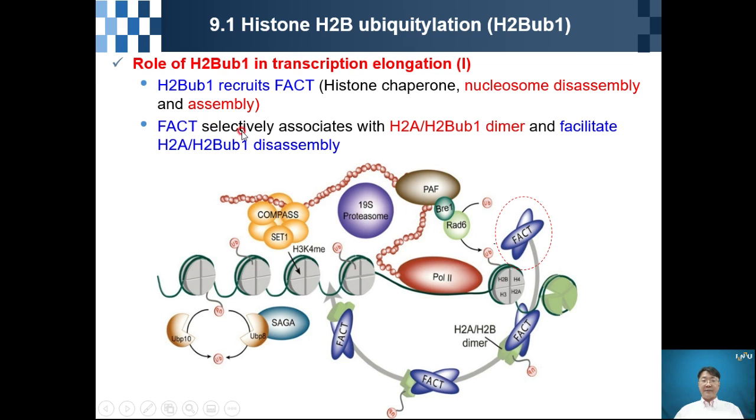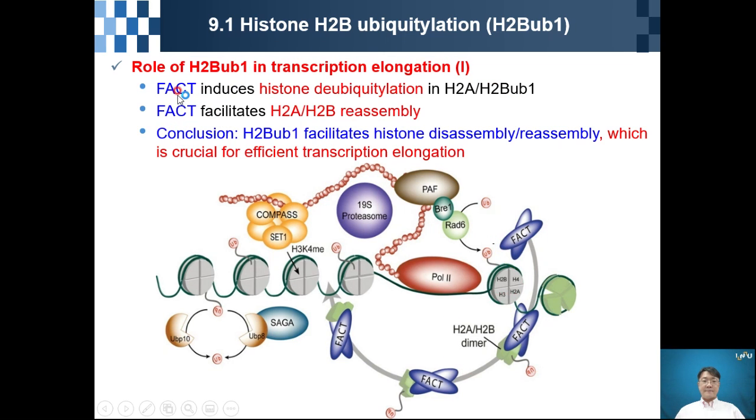FACT can selectively associate with this dimer and facilitate H2A, H2B, UB1 disassembly from the nucleosome. FACT has another function: it has histone deubiquitination activity.